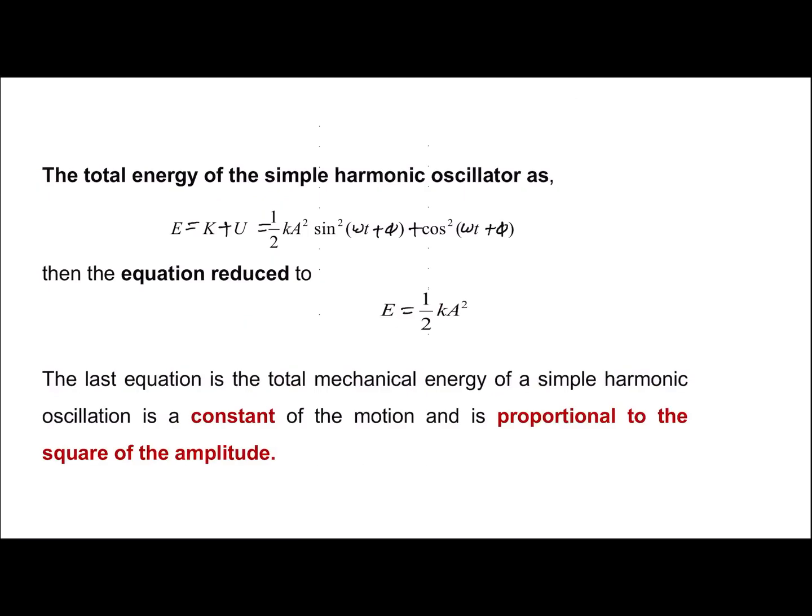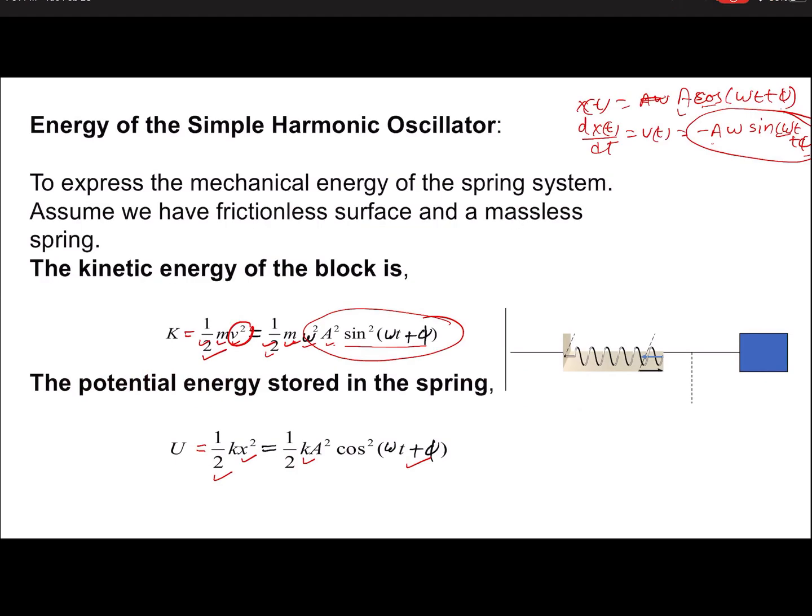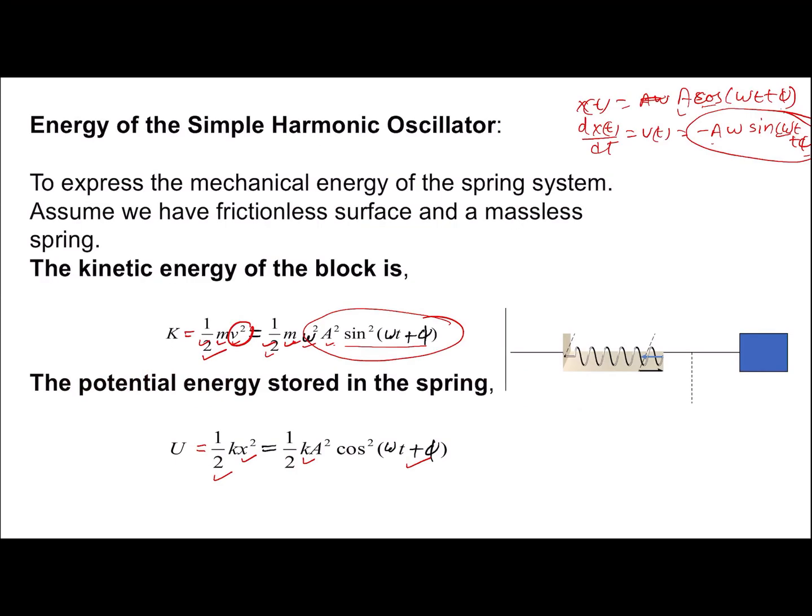What will we get? Half m omega squared is half k, because the spring constant k is m omega squared. So the kinetic energy becomes half k a squared sine squared of omega t plus phi.